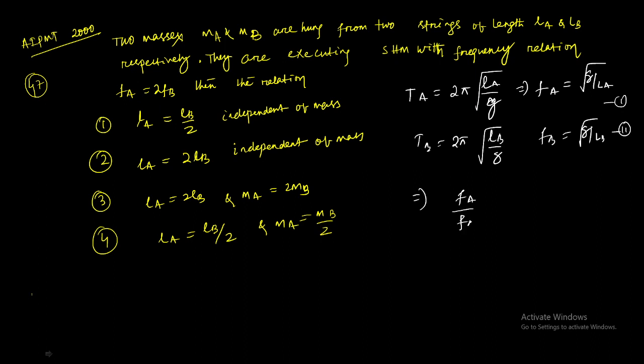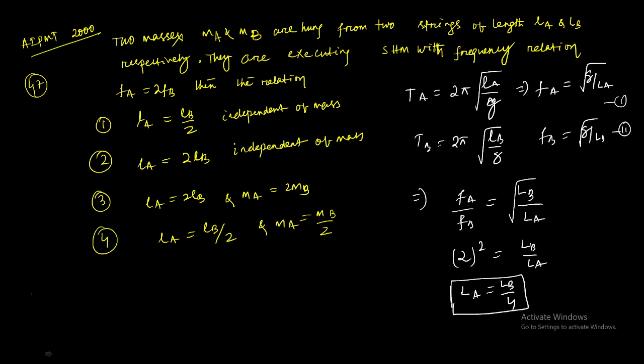FA by FB is equal to root of LB divided by LA. FA equal to 2FB, so 2 square is equal to LB by LA. So LA equal to LB by 4.